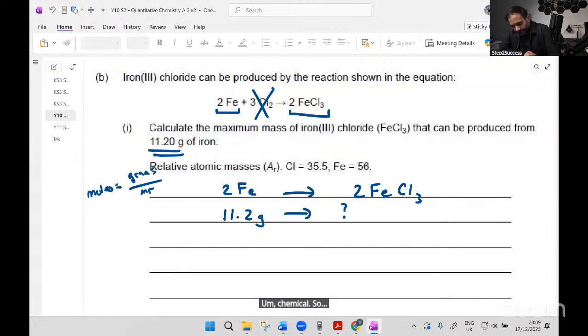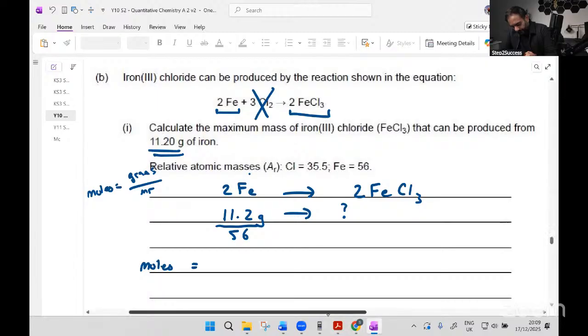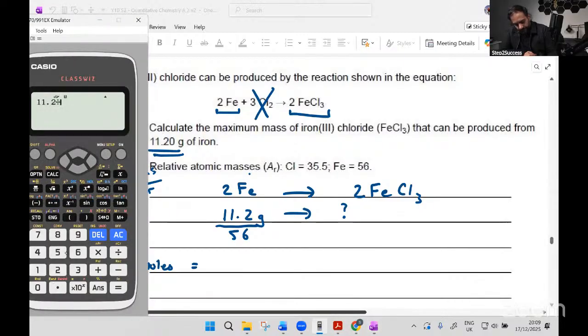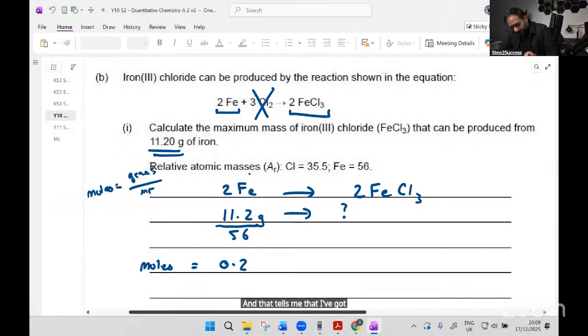So to turn this into moles, I will divide 11.2 by the mass number of iron, which is 56. And that tells me that I've got 0.2 moles.